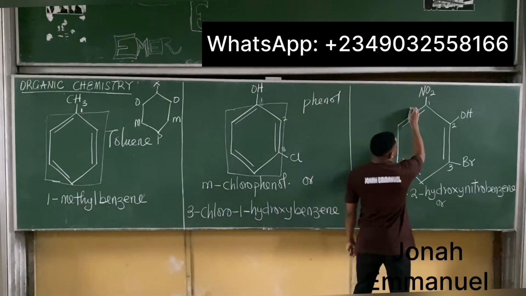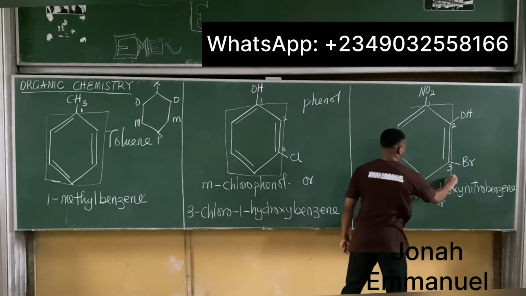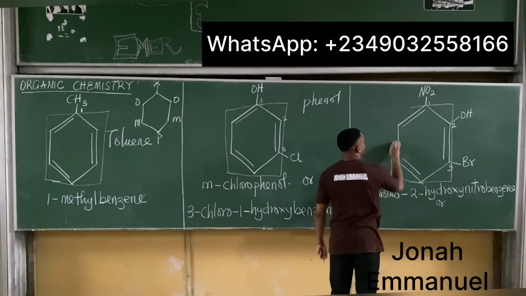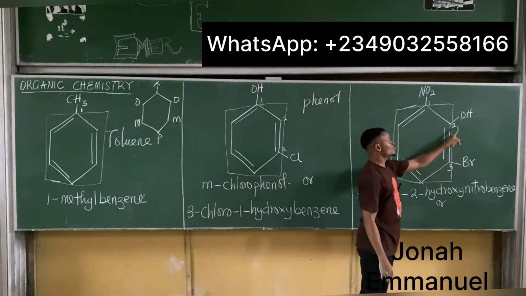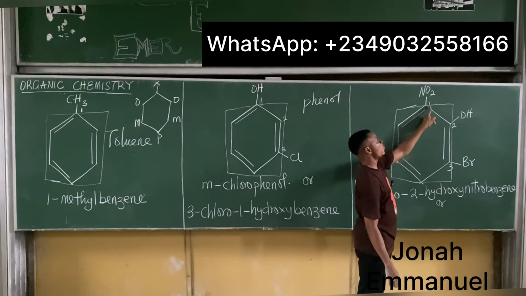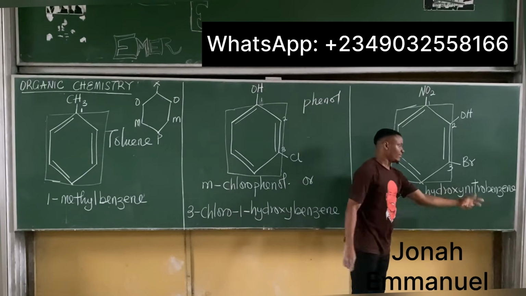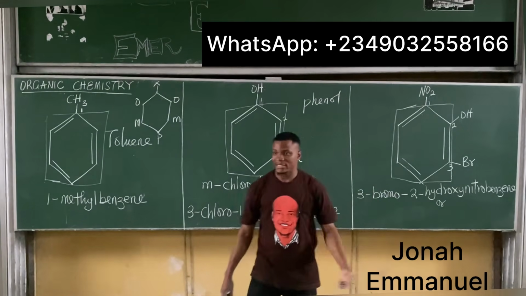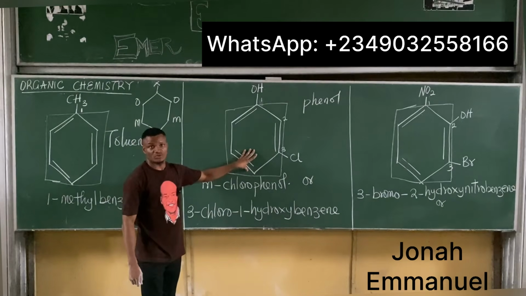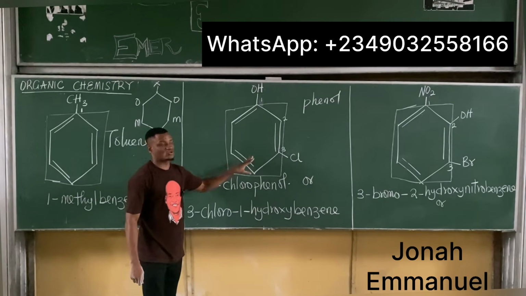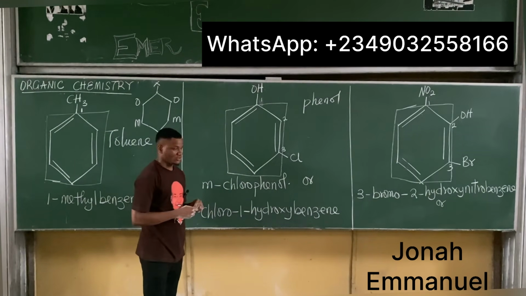As a benzene, I'm taking this one here. It means that every attachment is now considered a substituent. So it's 3-bromo, 2-hydroxy, 1-nitrobenzene. So the idea is this: know when to use OMP and when not to. That's the idea.